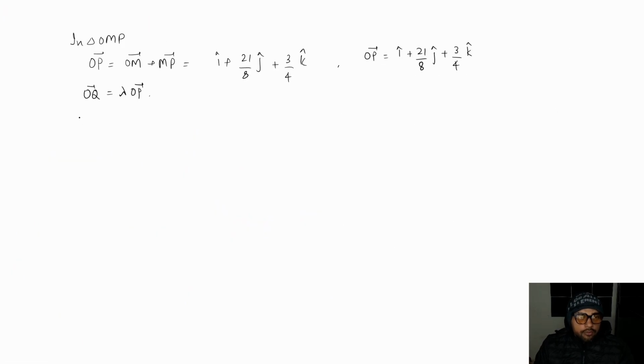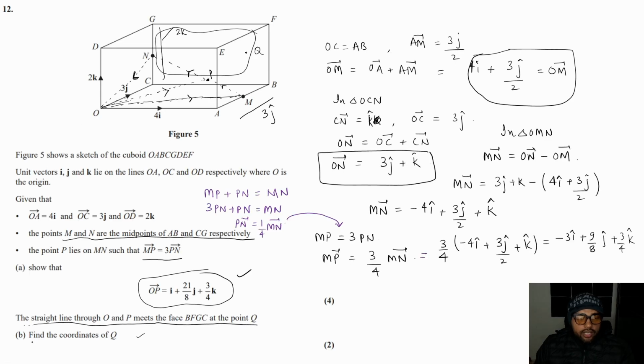So OQ vector will be equal to lambda times OP vector, so it will be lambda times (i plus 21 by 8 j plus 3 by 4 k). Why am I saying this? Only the y component of this vector will be the same, and OQ will be some scalar times OP vector because it is in the same direction.